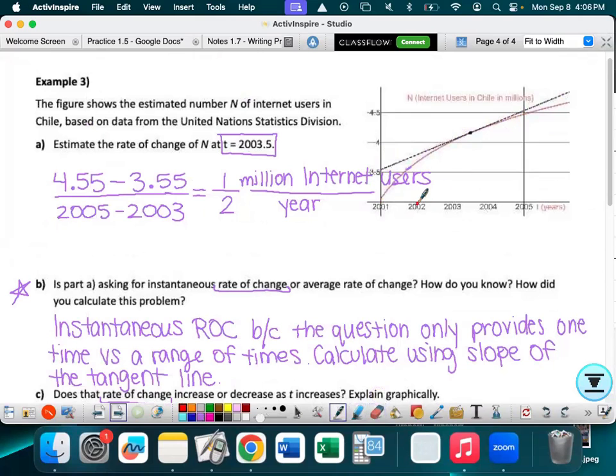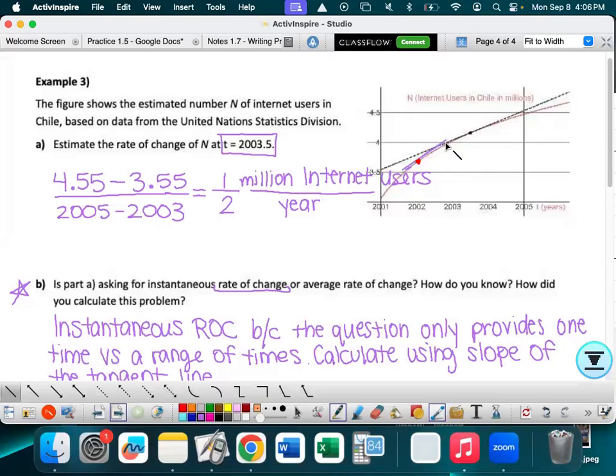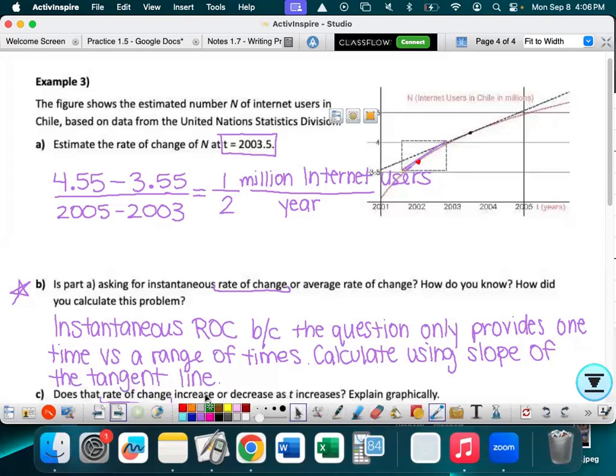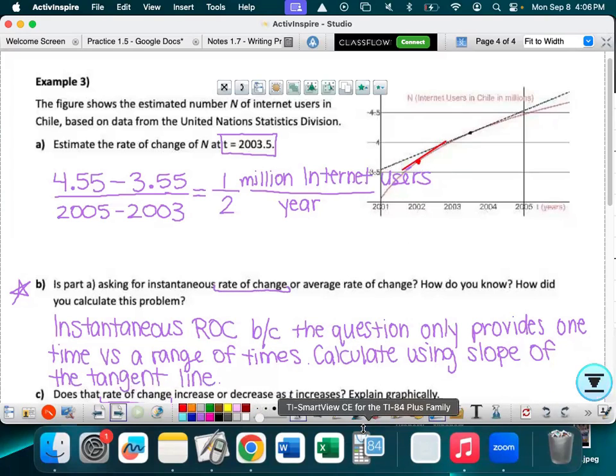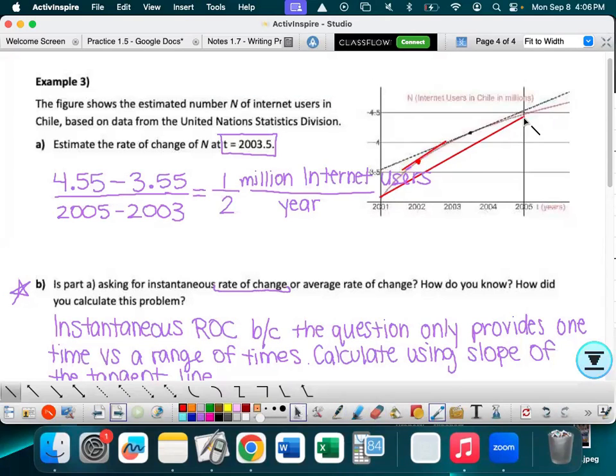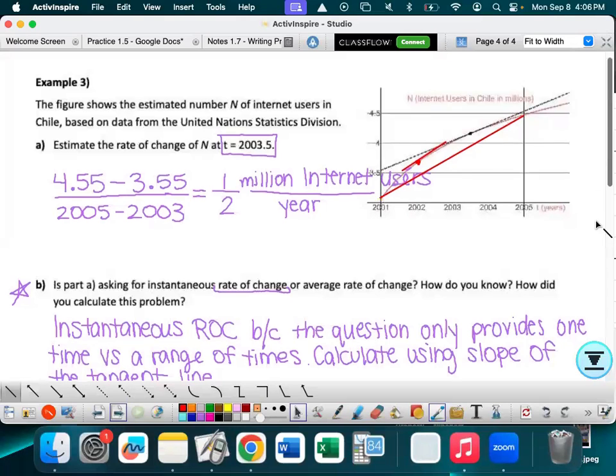At 2002, if I were to draw a tangent line, I'll try my best. Yeah, that's good enough. I'll change that to be red, versus the secant line that connects 2001 to 2005. So I think just barely it looks like the tangent line at 2002 is a tiny bit steeper than the secant line over the entire time range that we're looking at here.